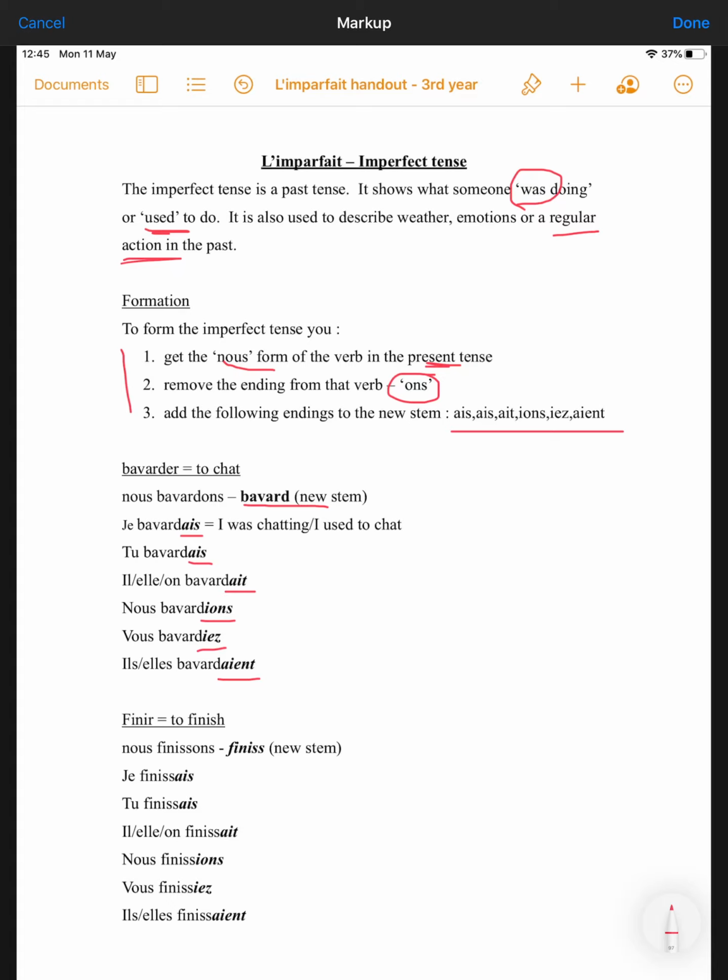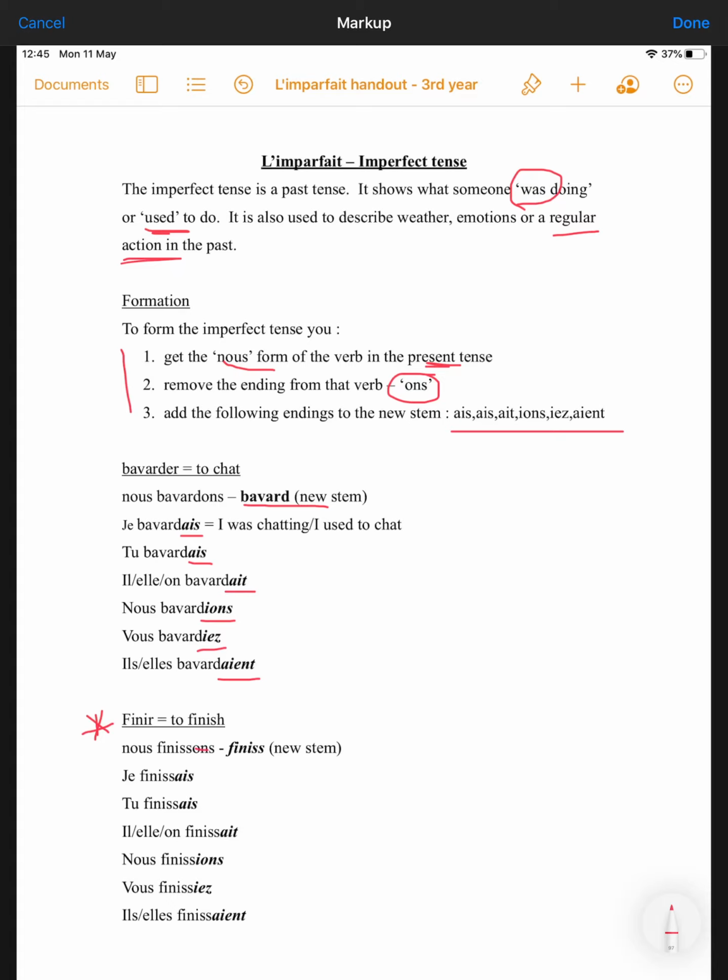People often say, why don't you just drop the ER off bavarder and put on your ending, rather than going around the big long route, going to the nous part and so on. The reason is you can't just drop endings off, especially with IR verbs and with verbs that are irregular in the present tense. So, for example, the IR verbs, when you go to the nous part of it, it's nous finissons. ISSONS is the ending in the present.